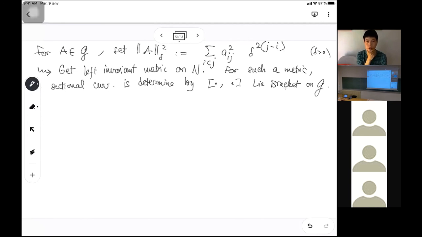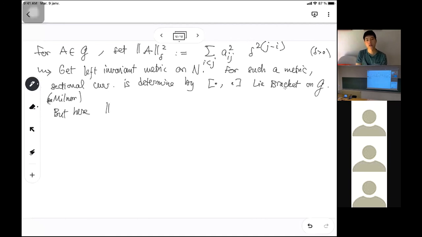Meaning, if you can compute the Lie bracket, then I can give you an expression for the sectional curvature. One reference for that is this old paper of Milnor on left invariant metrics. So see, for example, Milnor. Anyway, here everything is explicit, and you can check that here.